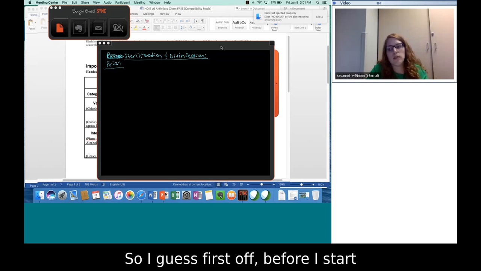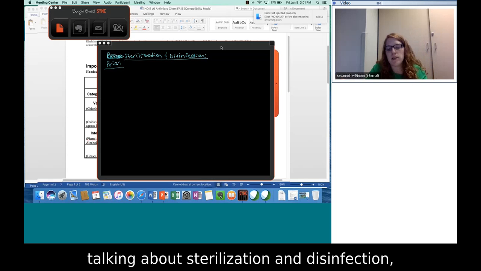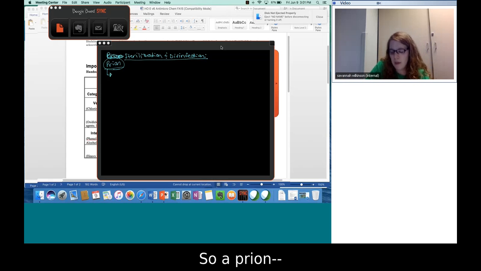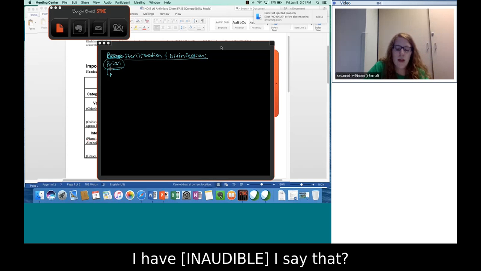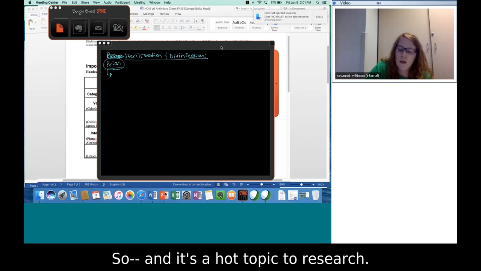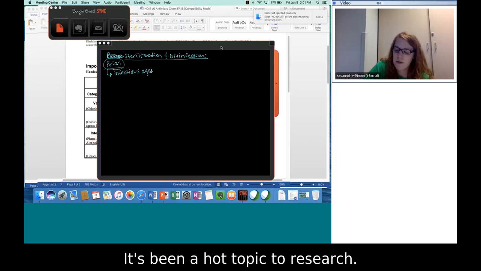So I guess first off, before I start talking about sterilization and disinfection, you need to know what a prion is. So a prion, I have a few bullet points I want to say about this, but basically it's a misshapen protein with no nucleic acids. Okay? And it's a hot topic to research, or it's been a hot topic to research.